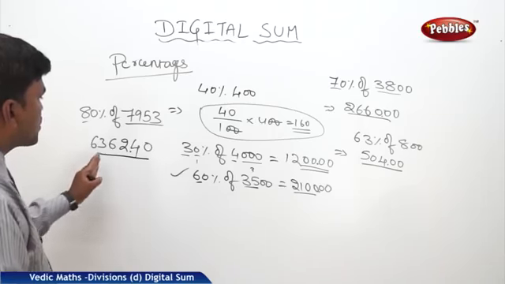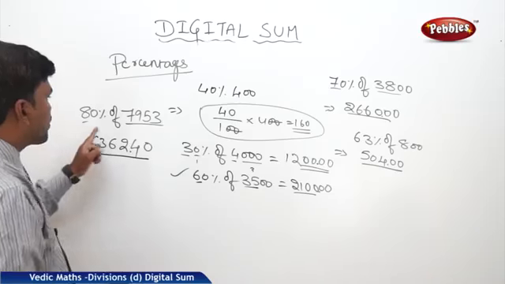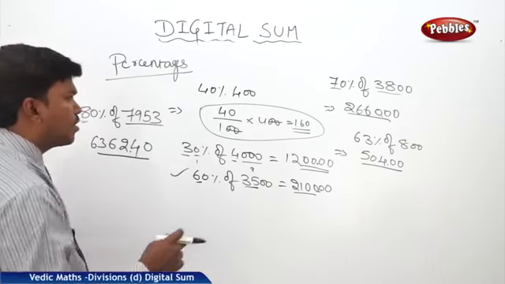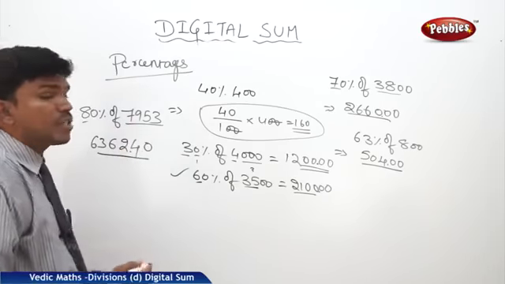Yes or no? 6362.4. Once again I repeat, directly multiply 7953 into 8. How will you multiply 7953 into 8? You can go in the mind. 8 7s are 56. 56 means in which place is it? Thousands.